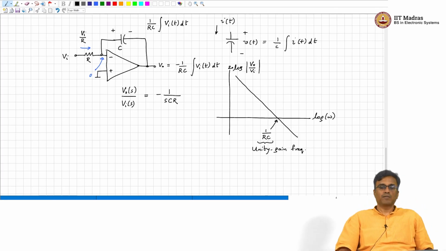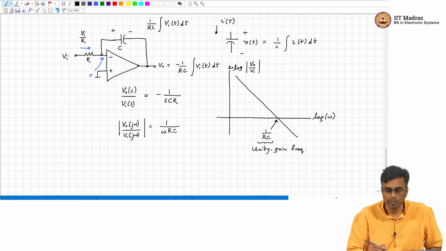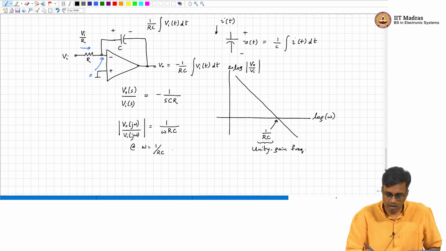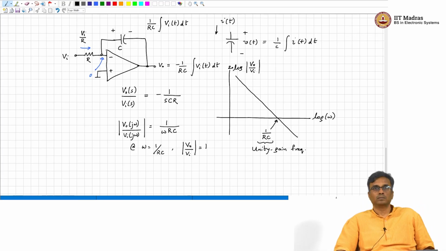Now, why is it called unity gain frequency? The magnitude of Vo of j omega by Vi of j omega is 1 over omega RC, and at omega equal to 1 over RC, the magnitude of Vo by Vi becomes equal to 1. Okay.